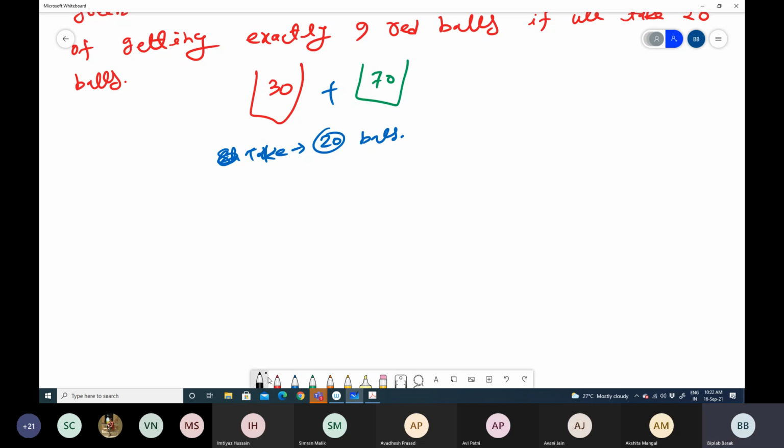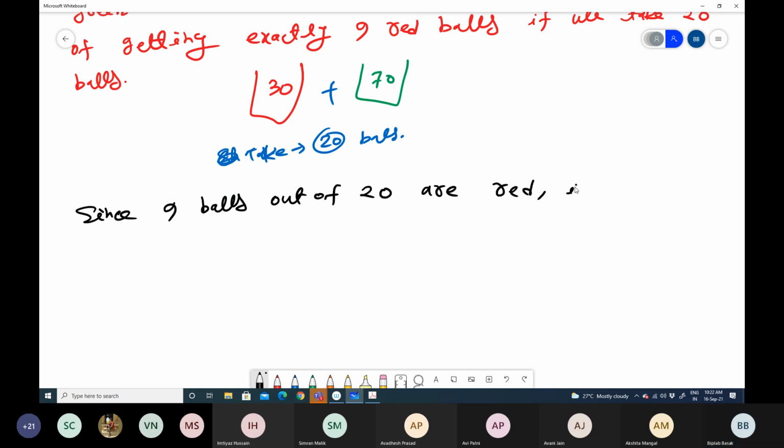Okay. So it is given that 9 balls out of 20 are red, so that means 11 balls are green. So we are asked to choose 20 balls so that 9 are red and 11 are green.